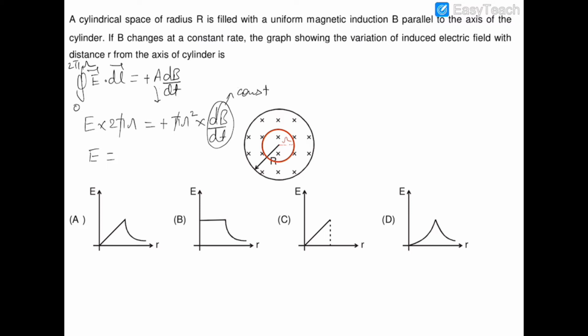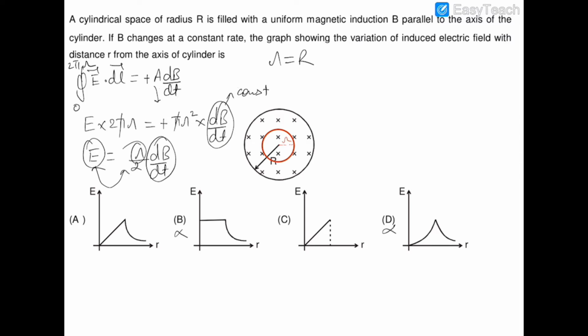So E is equal to r by 2 into dB by dt, which is a constant term. Therefore E is directly proportional to r. So the graph would be a straight line till r is equal to R. E would be a straight line graph. So option B cannot be possible. Option D is not possible.